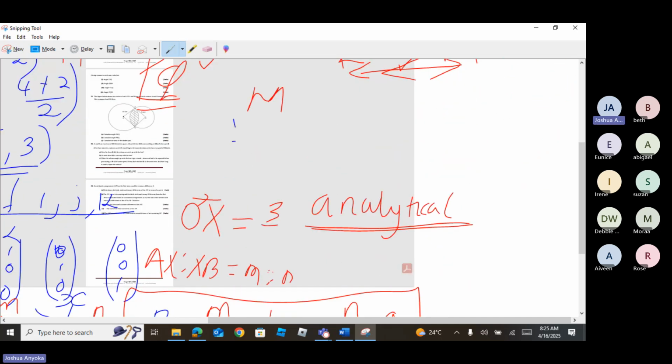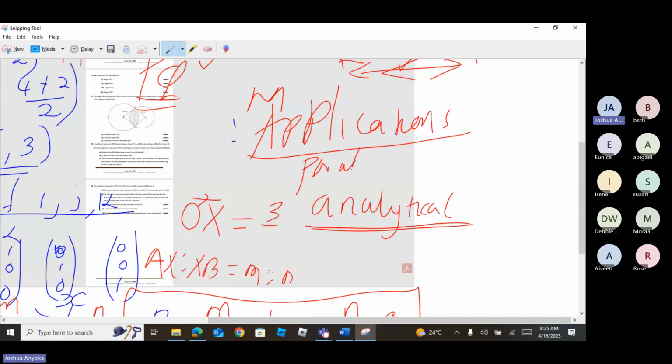And finally, we are going to do application of vectors. Here we apply vectors maybe in a parallelogram. How would it behave? To apply vectors in geometry, like in a trapezium, how would vectors behave in that one?